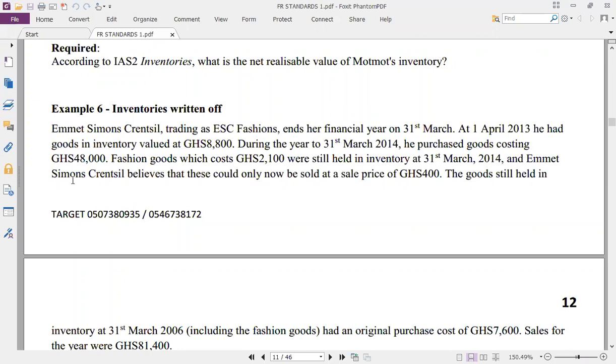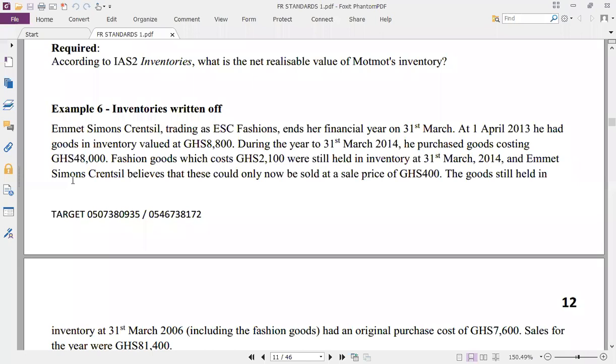As of 1st April 2013, the company had goods in inventory valued at 8,800. That's the beginning inventory, right? Opening inventory is 8,800. During the year to 31st March 2014, he purchased goods costing 48,000. That's the purchases.